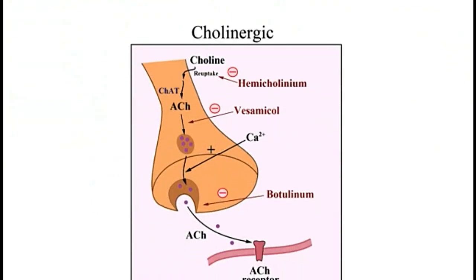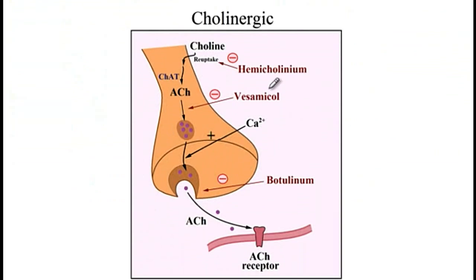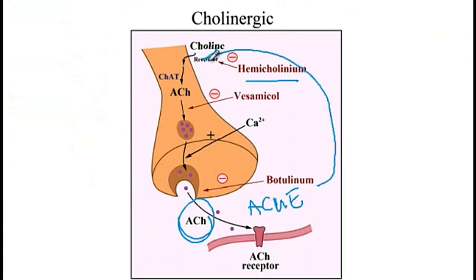So here I've provided you with an image that shows the function of hemicholinium. Here we have the acetylcholine in the synaptic cleft, and it's the acetylcholine esterase enzyme that breaks down the acetylcholine. The choline will be reabsorbed, and this is actually the rate limiting step of acetylcholine synthesis.